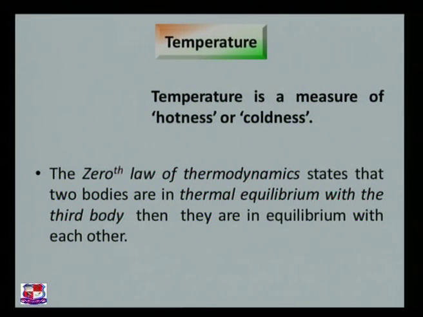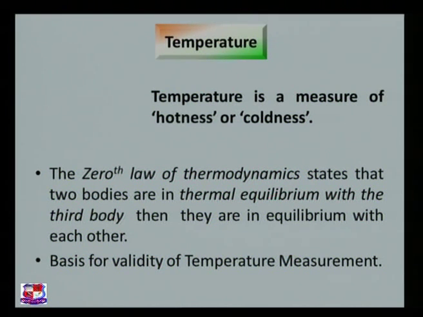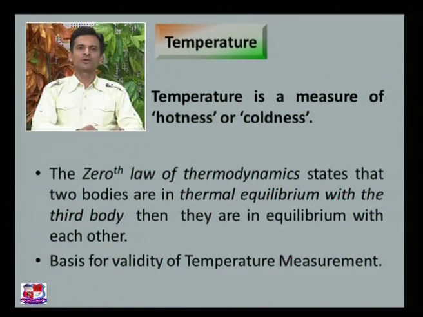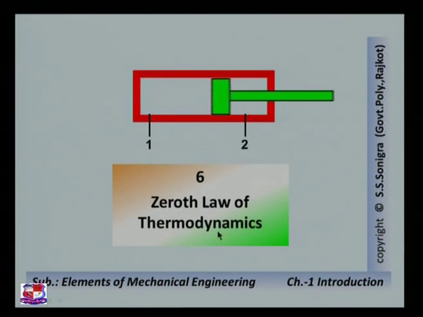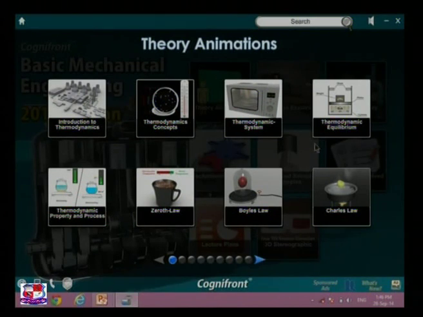The zeroth law of thermodynamics states that if two bodies are in thermal equilibrium with a third body, then they are in equilibrium with each other. Basis for validity of temperature measurement is first law of thermodynamics because it states the scale for thermodynamics for temperature. Now what is this zeroth law of thermodynamics? Let us see that.